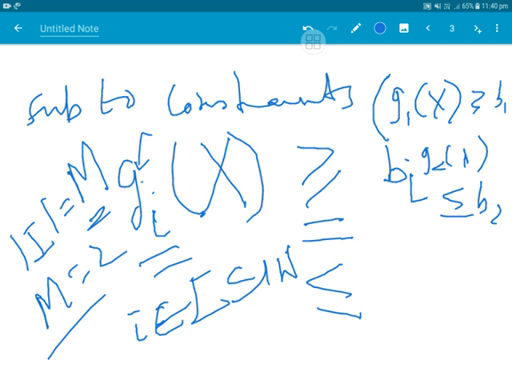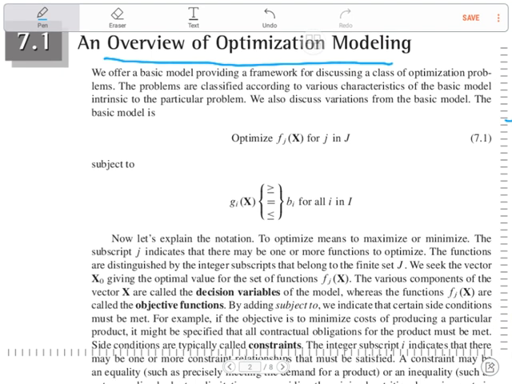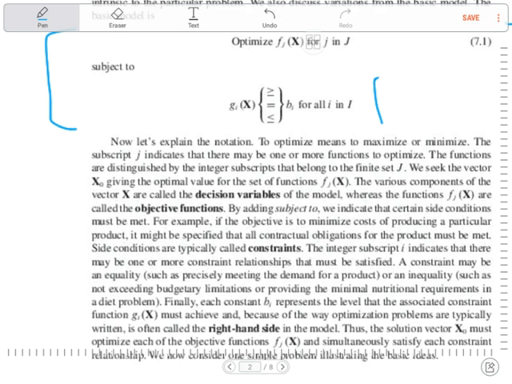As I already said, the decision variables decide everything about optimization, and the constraints to be imposed are given by these g_i functions. So in totality we can write what they have written there. Let us go back to the tutorial here. As I said, you can write the whole optimization problem like this, and these are decision variables, these are the objective functions, these are the constraints.